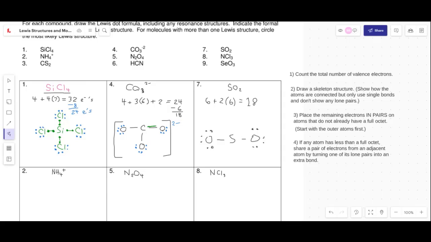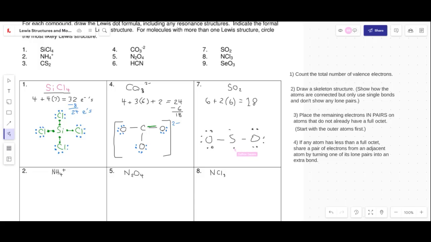So, do we have any more valence electrons to place? Actually, we do. You only used 4 in the skeleton structure for the bonds, and you've placed 12, so 4 plus 12 is 16, but you have a total of 18. So where are those last 2 electrons going to go?